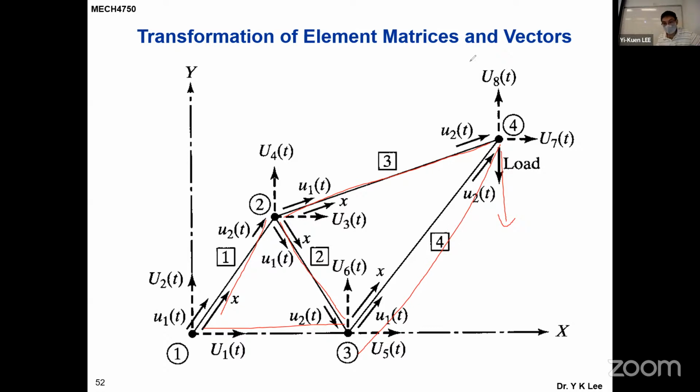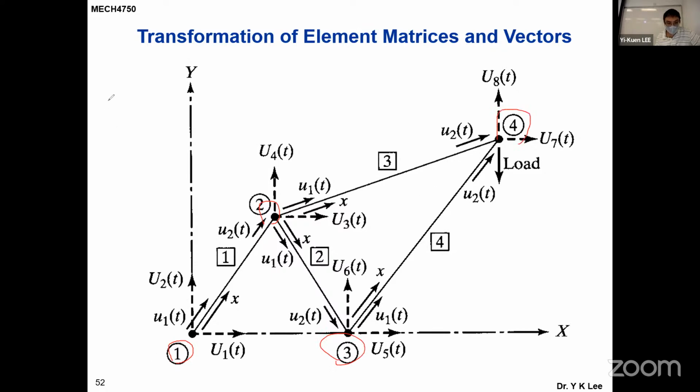Basically this requires us to look at each node. We define how many nodes for this more complicated structure. Here we have node 1, node 2, node 3, node 4.